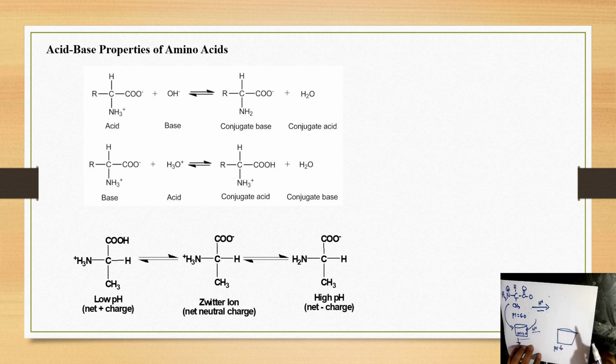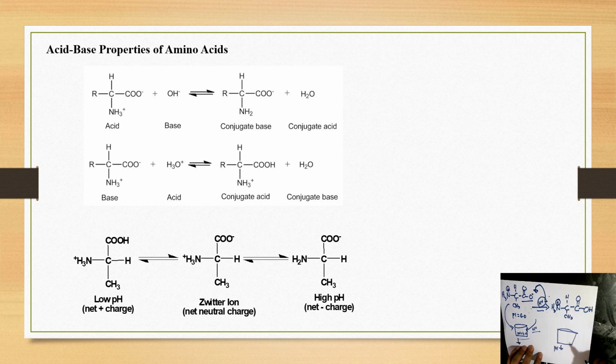Since our acid is positively charged, the acid will go to the carboxyl group. Since the carboxyl group accepted the proton, we now have a protonated carboxyl group. The amino group remains positively charged.